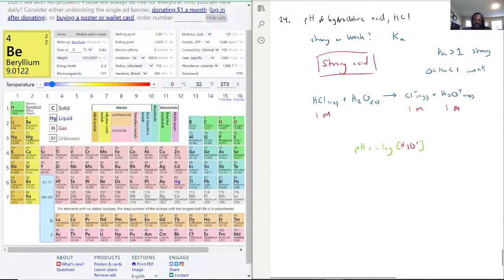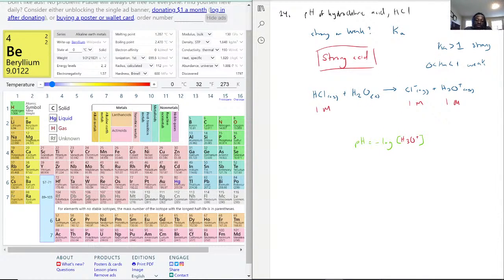So what does that mean? It means that if we had 0.34 moles per liter of hydrochloric acid, we would also have 0.34 moles of H3O plus.